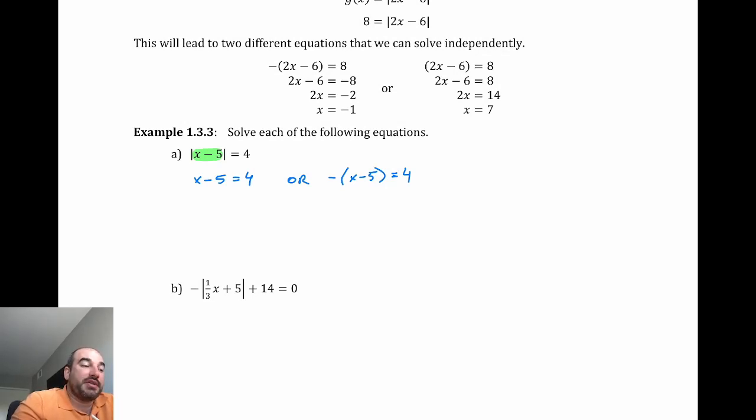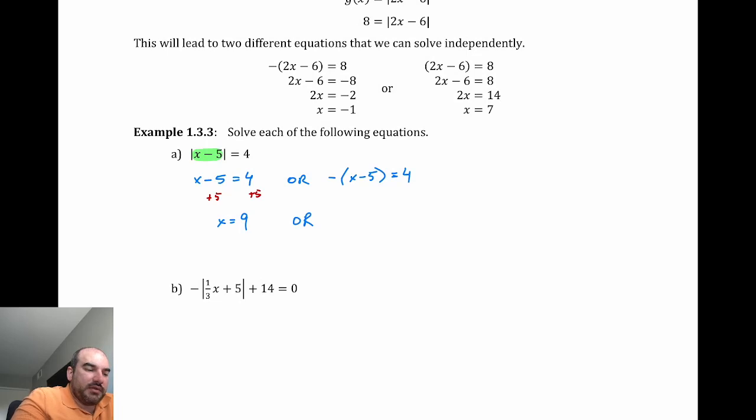And now we just have 2 equations to solve. And we should be able to solve these. We just use our traditional methods of solving. We'll add 5 to both sides. X is equal to 9 on this side. Or we can distribute this negative if you want.